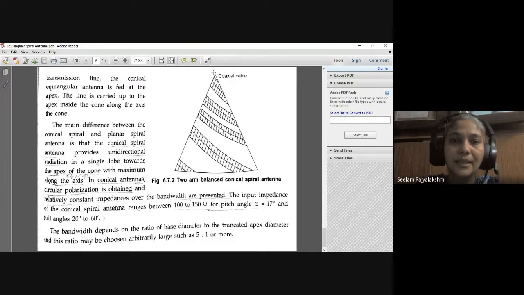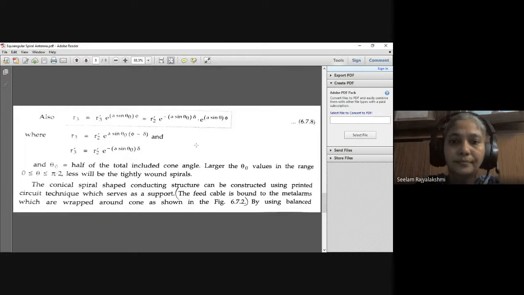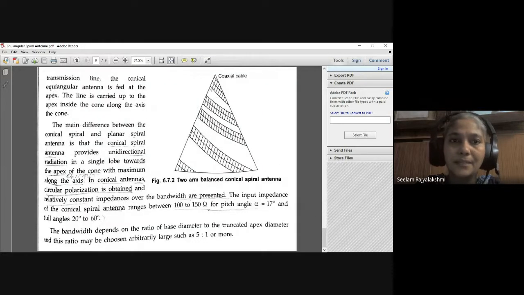From here we can feed. Using the balanced transmission line, the conical equiangular antenna is fed at the apex. The line is carried up to the apex inside the cone along the axis, so here we can observe the line inside the axis.